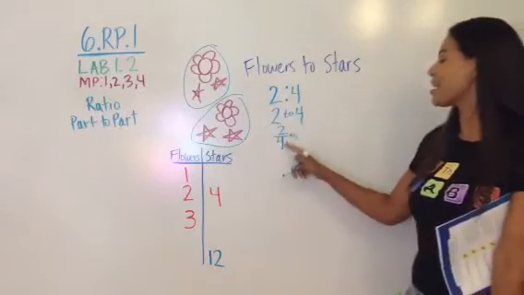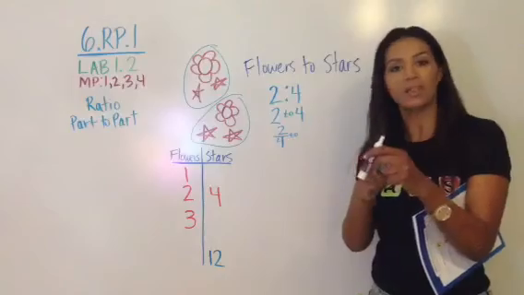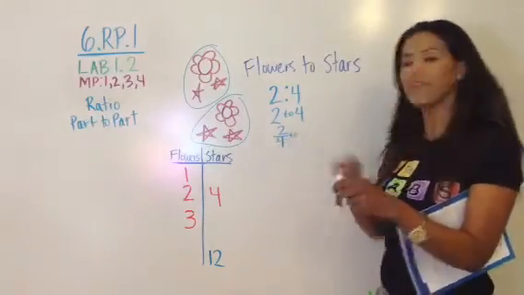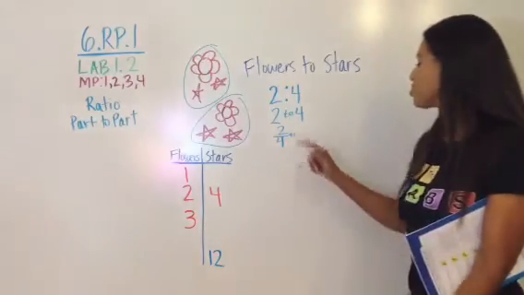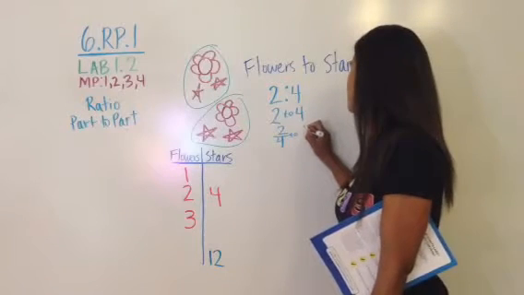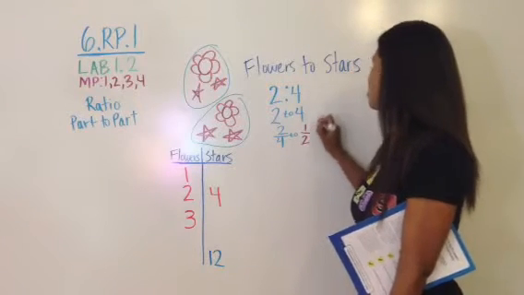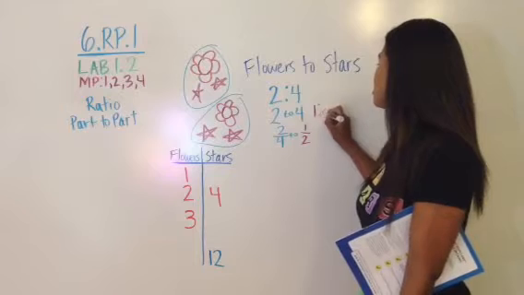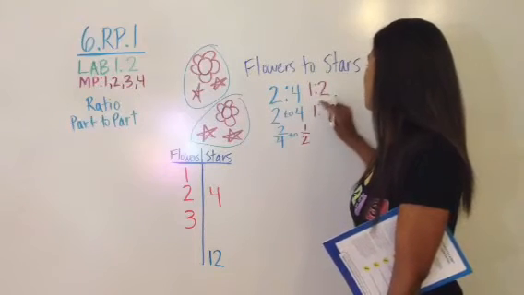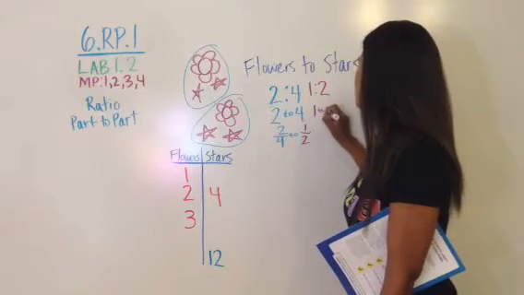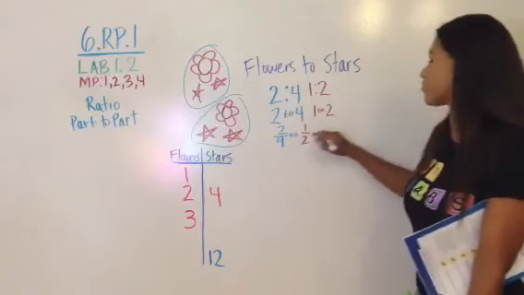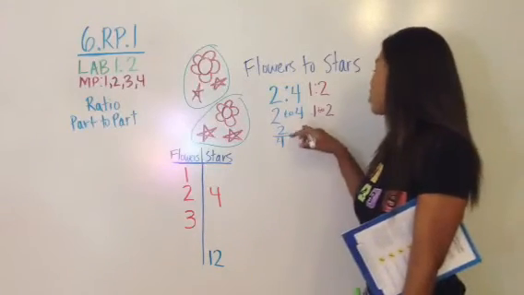And you're like, oh my gosh, Miss McGill, that's just like equivalent fractions. 2 to 4 is the same as 1 to 2. So these ratios are 1:2, and then the words 1 to 2, and then of course with this fraction bar, even though it's not a fraction, 1 to 2.